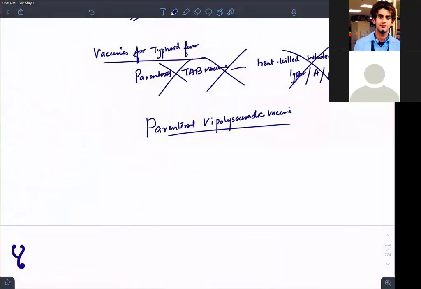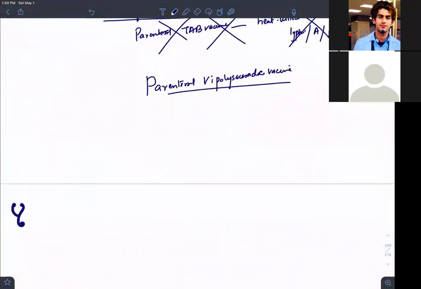So now going forward, parenteral Vi polysaccharide vaccine. In it, we are taking the Vi capsular antigen from S. typhi, the Ty2 strain.